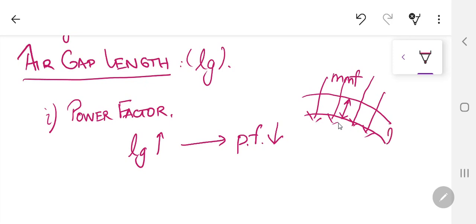Why? Because the air gap length LG has more reluctance, so you will require more flux, more magnetomotive force from the stator side. This means you are going to take more lagging current from the supply, and more lagging current means a poorer power factor.